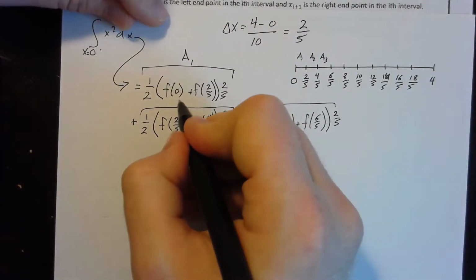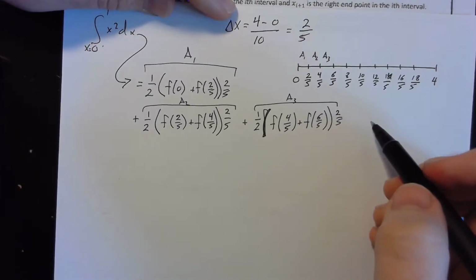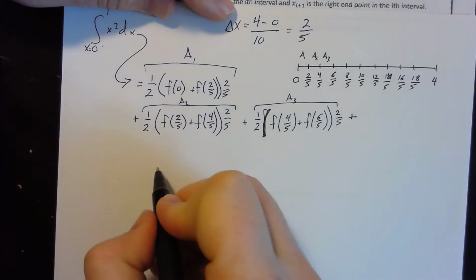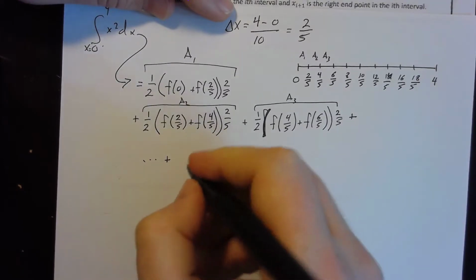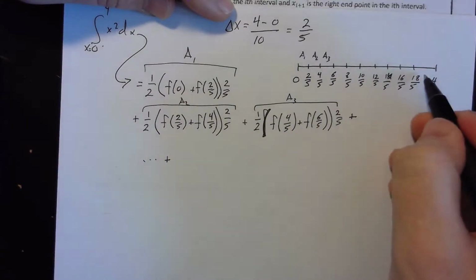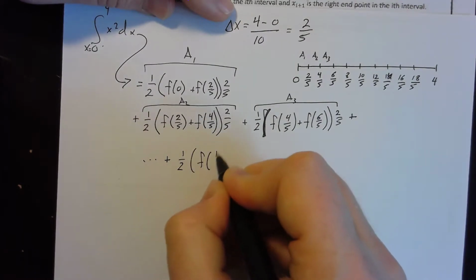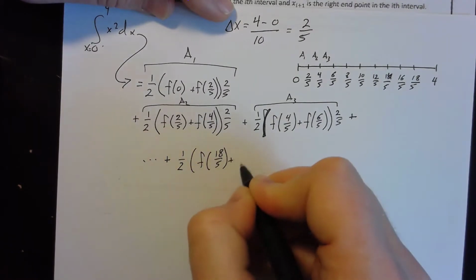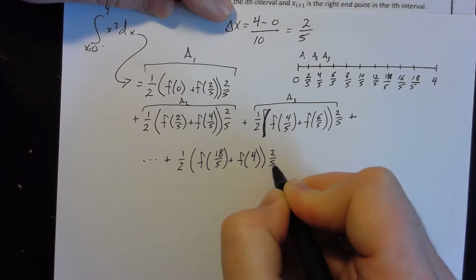We've got a1, a2, a3, and then this pattern should continue, until I get down to the last interval, which is 1/2 times f of 18/5 plus f of 4, multiplied by 2/5.